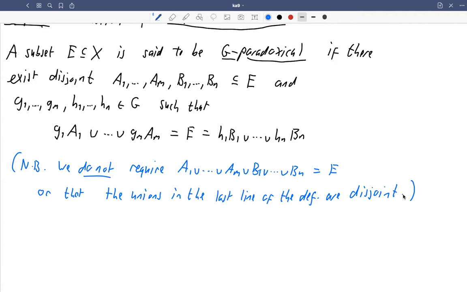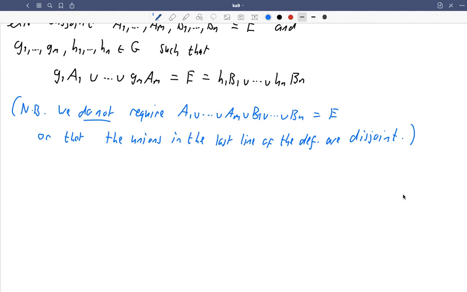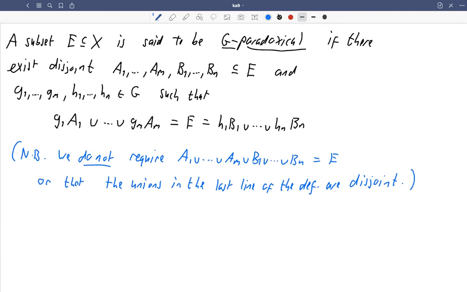However, what we're going to find out now is that although we don't require those, if we have G paradoxicality in this weaker form here, we also have it in the stronger form in which we do require the unions of the A's and the B's to together be E, and that the unions in the last line are disjoint.